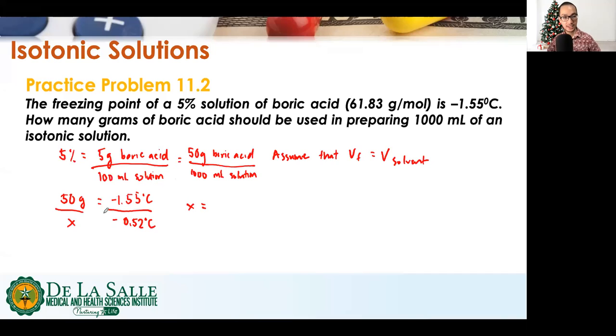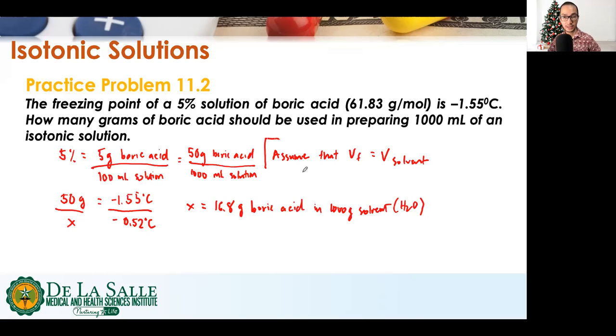So we'll just look for the value of x. We transfer this here, we transfer this here, and over this here. So x will be equal to 16.8 grams of boric acid. So 16.8 grams of boric acid in 1 kilogram or 1,000 grams of the solvent, which is water, will make an isotonic solution.